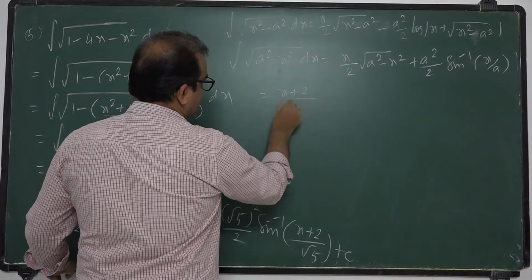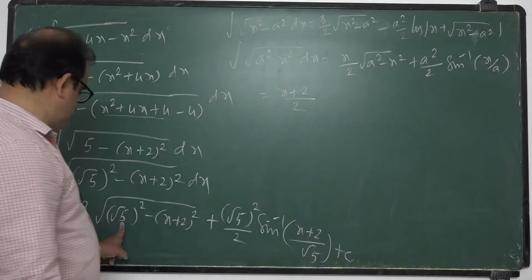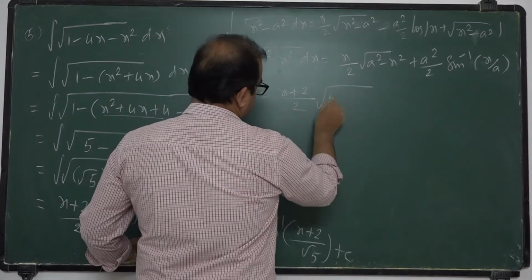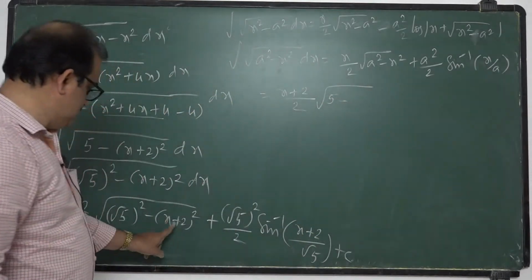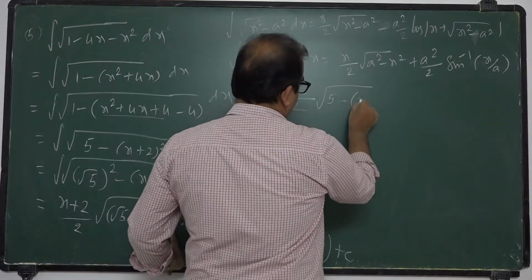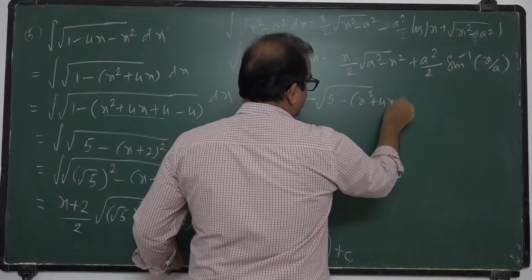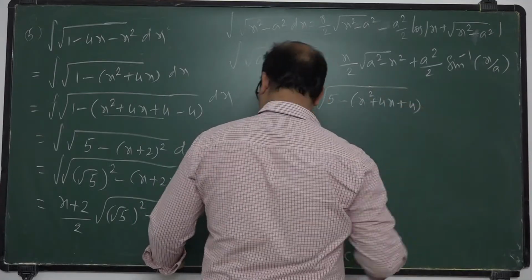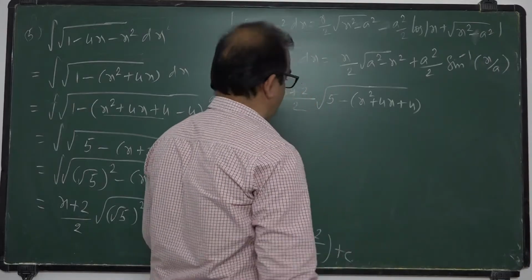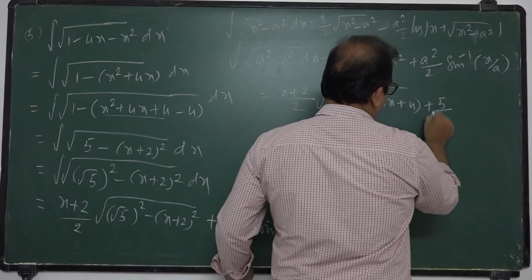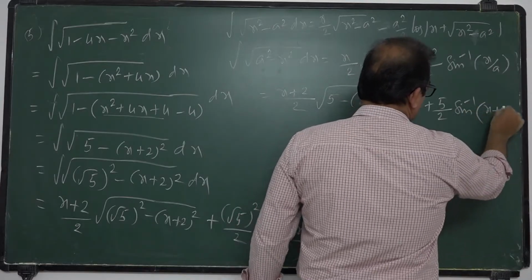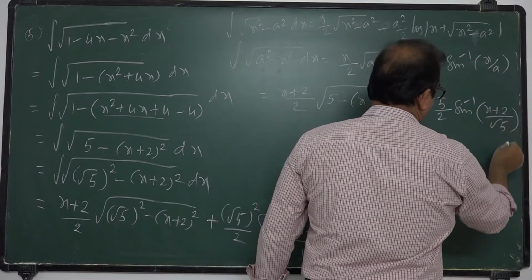It is x plus 2 by 2 root of 5 minus, expand it, x plus 2 whole square, x square plus 4x plus 4, plus root 5 whole square, 5 by 2 into sin inverse x plus 2 by root 5 plus c.